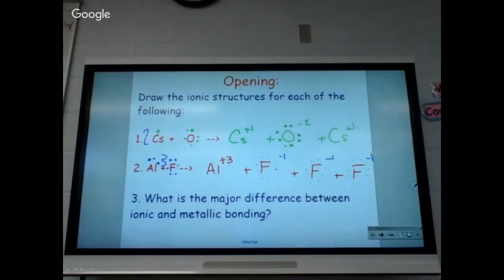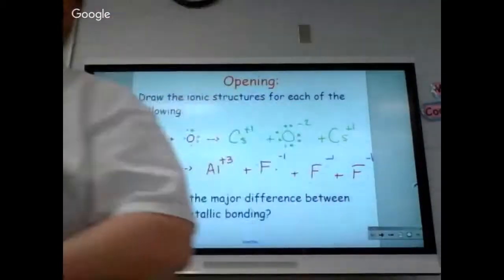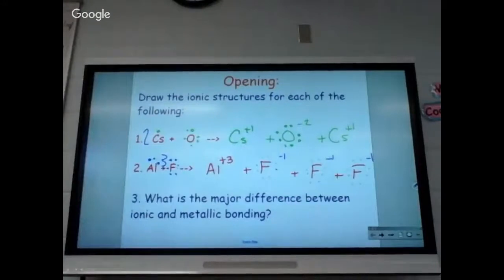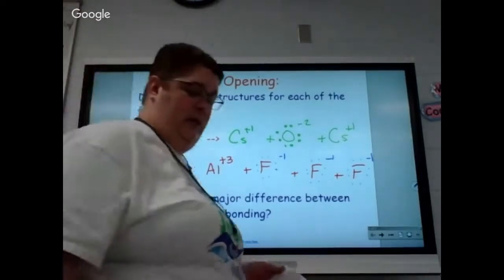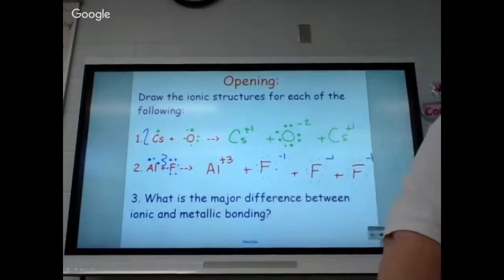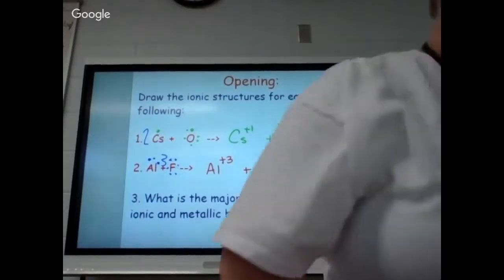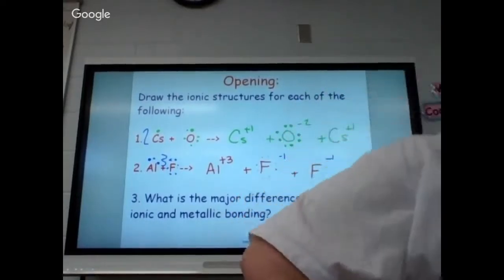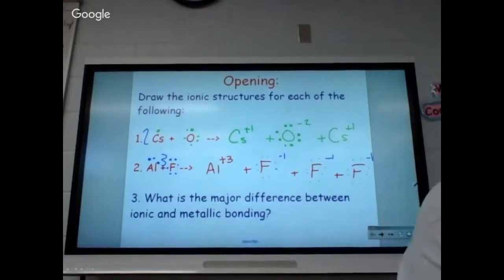All right. Can we look at some homework and see what kind of questions we have? All right. So in part A, you're supposed to tell me if it's ionic or if it's covalent, right? So in number 1, if electrons are shared, it's what kind of bond? Covalent.